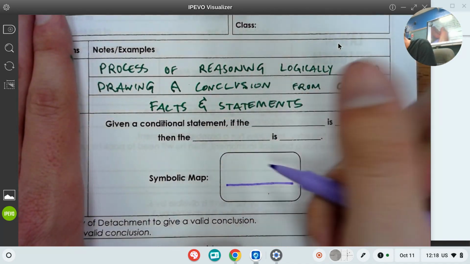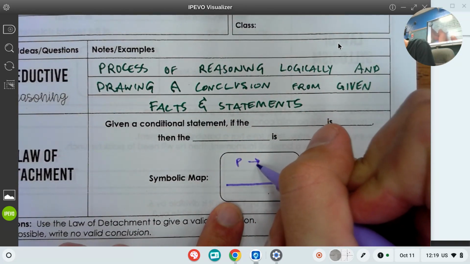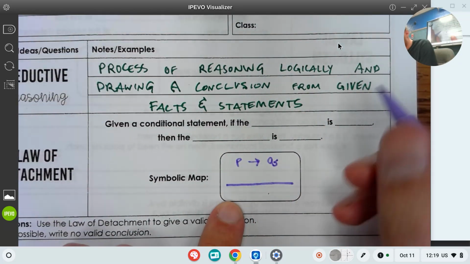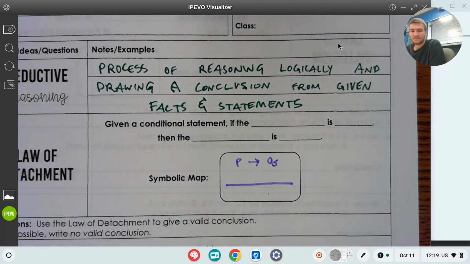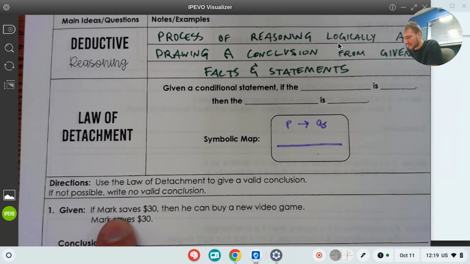The symbolic map for deductive reasoning is that P will imply Q. Then, if you just look at number 1, right? If P implies Q, if Mark saves $30, then he can buy a new video game, right?